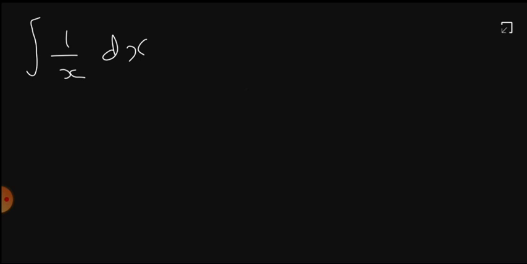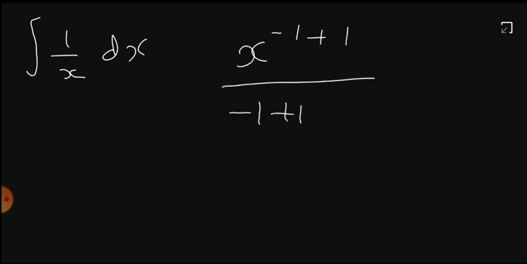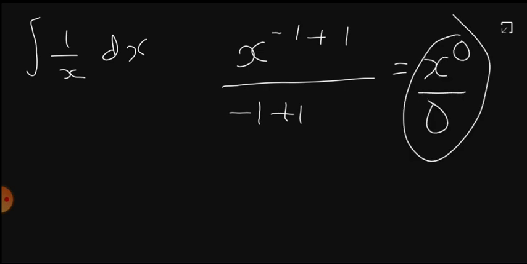Now, if you remember properly, this is an index. A function of this form, we know that if it's an index, it's the same as x to the power negative 1. Now, according to integration rules, you increase the power by 1 and divide by the new power. So we're going to have x to the power 0 over 0, which is undefined.